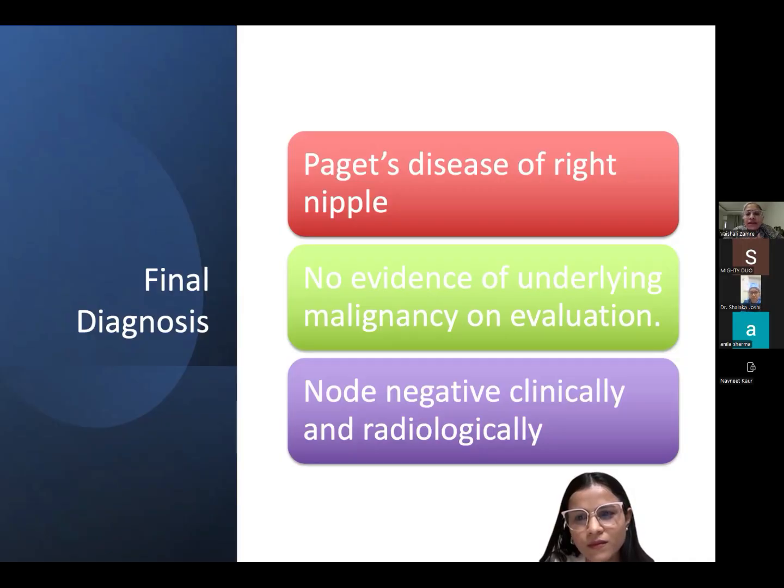So Dr. Sneha, for the sake of our audience, can you describe the correct way of obtaining a biopsy in this particular situation, if there is no palpable lump and you have to prove your clinical suspicion? How will you biopsy this particular patient?